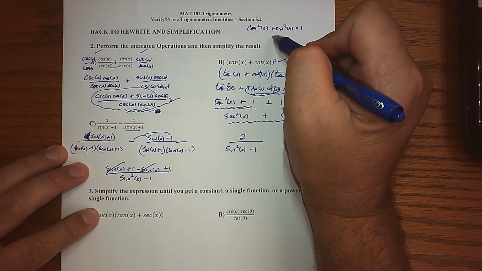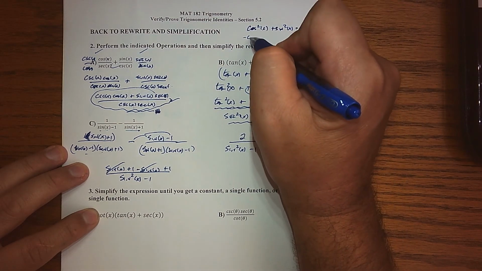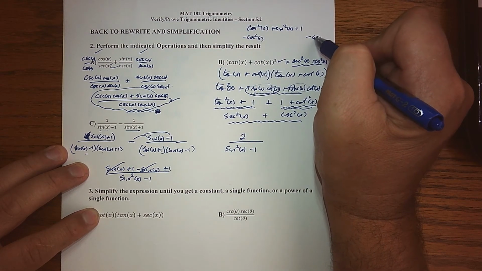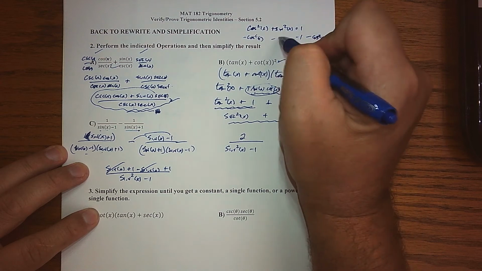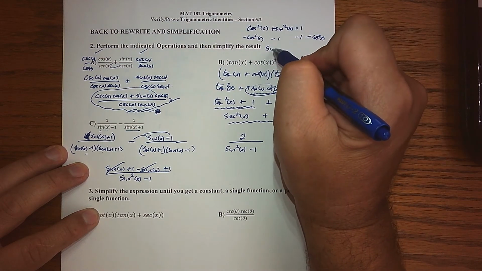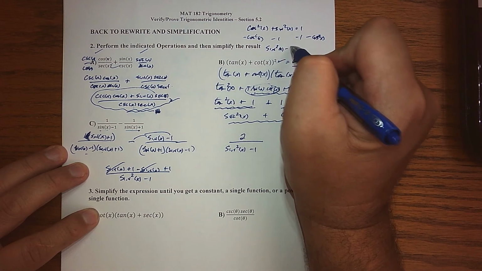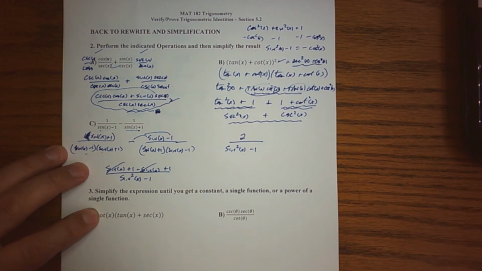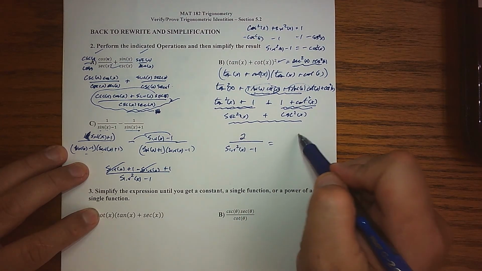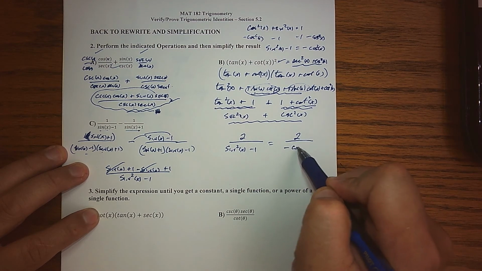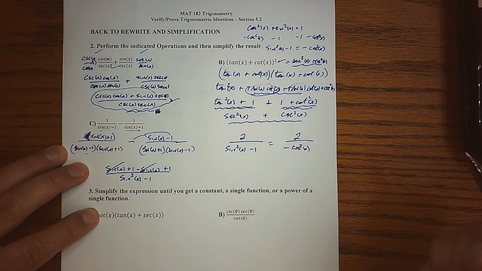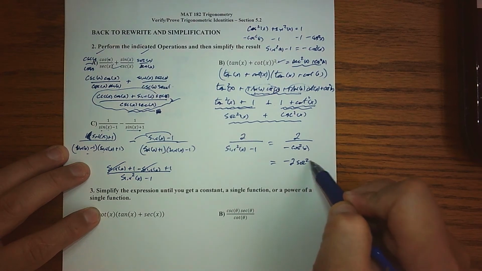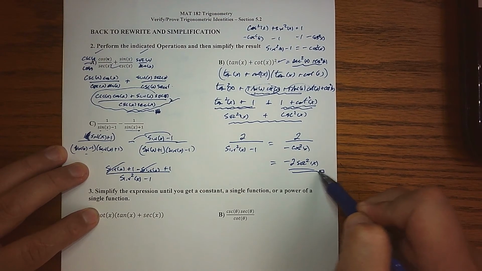But if I basically subtracted cosine squared x on both sides and subtracted 1 from both sides, right, we get sine squared x minus 1 equals negative cosine squared x. So what we have here then is 2 over negative cosine squared x. Of course, that is negative 2 times secant squared x.